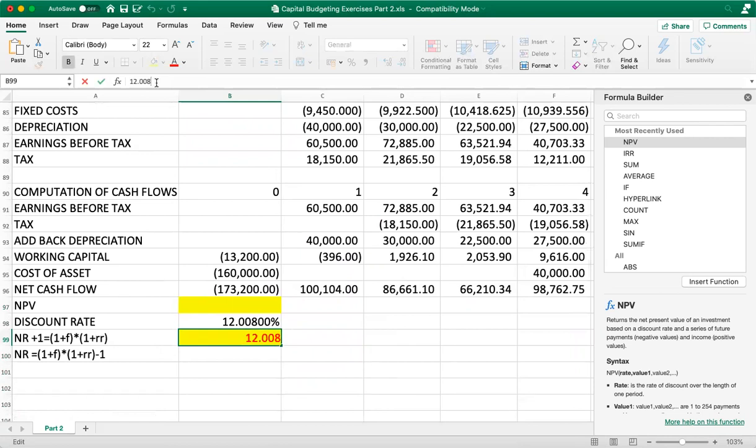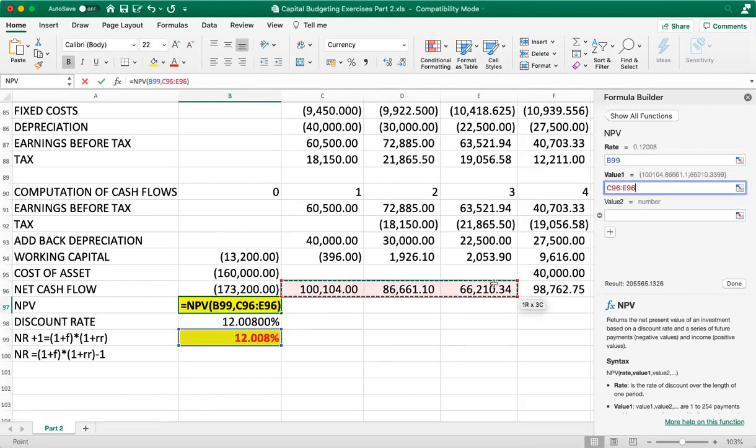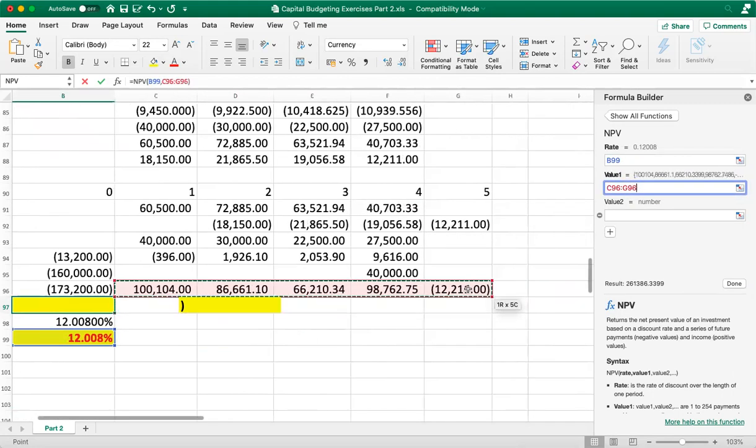So this is percent, 12.008%. Then we go back to our NPV. So NPV, the rate is 12.008. The values are from year 1 to year 5.